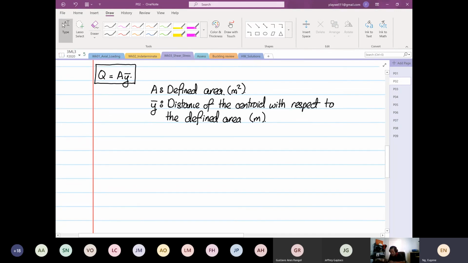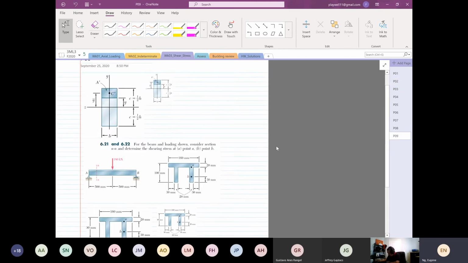We're going to look into shearing stress in a thick wall section. Okay, so I'm going to get a diagram over here.